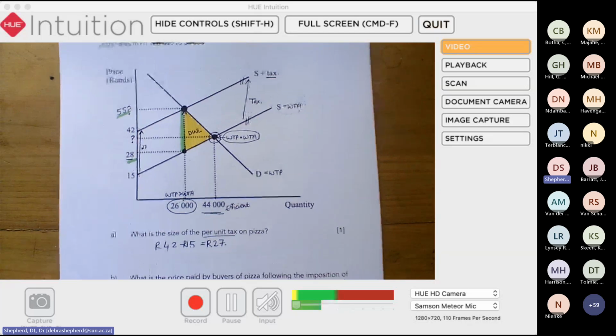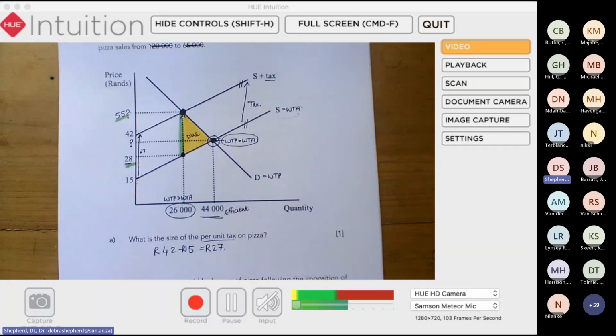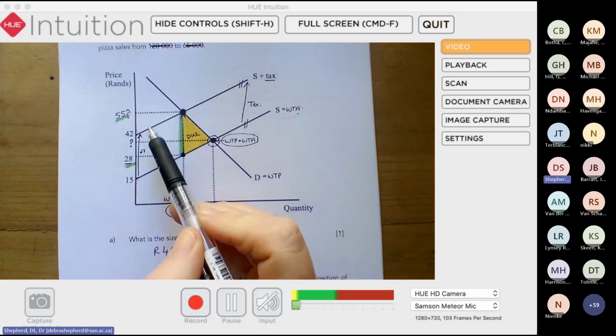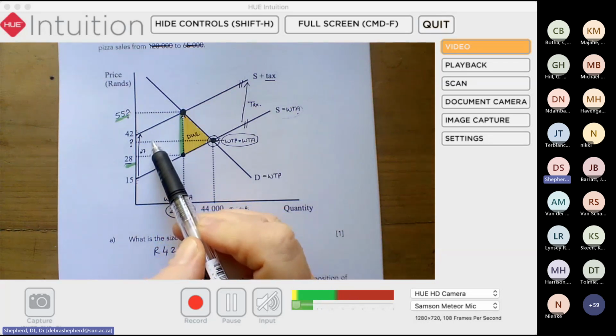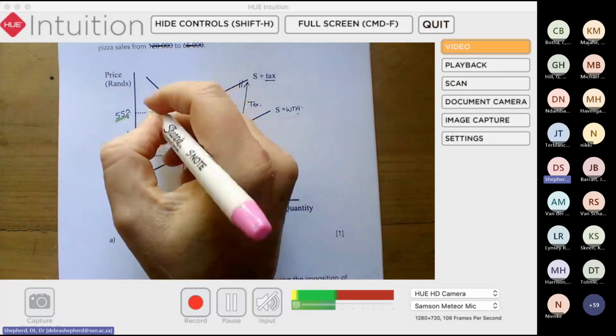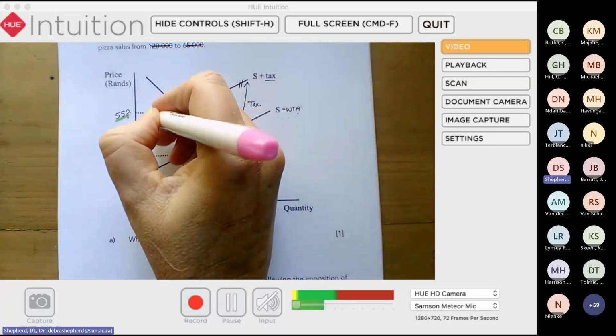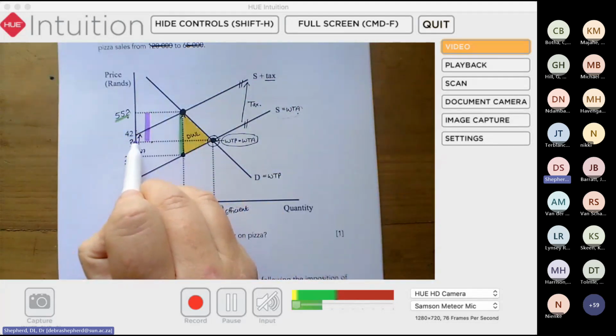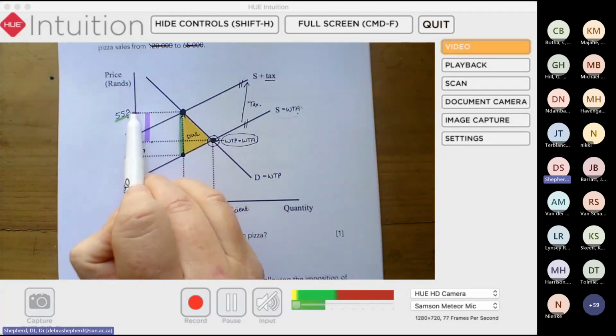So what we say is that the tax burden of the buyer is the difference between the price they now pay with the tax and the price they used to pay without the tax. So the tax burden of the buyer is this vertical distance here. They used to pay this price and now they pay this price.